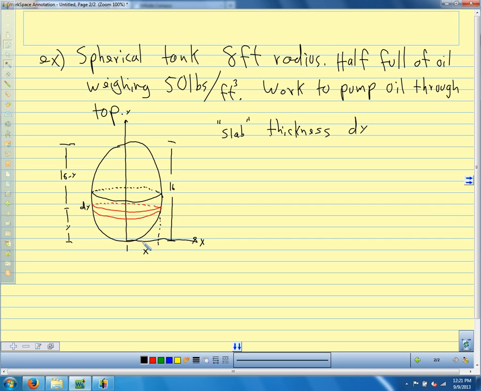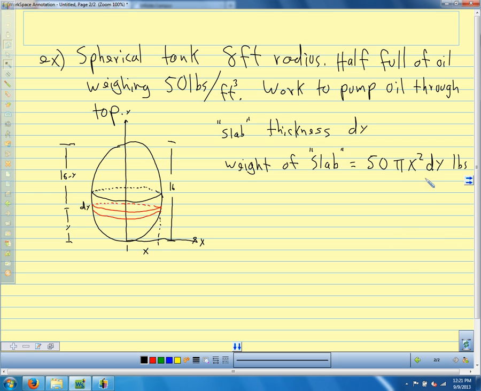So the force that's required to lift this slab of liquid, this disc, is the weight of that liquid. So its weight of the slab is the density, 50 pounds per cubic foot, times the volume of this disk, which is pi x squared, the radius of that disk is x, times its thickness, dy. And our units are going to be pounds.